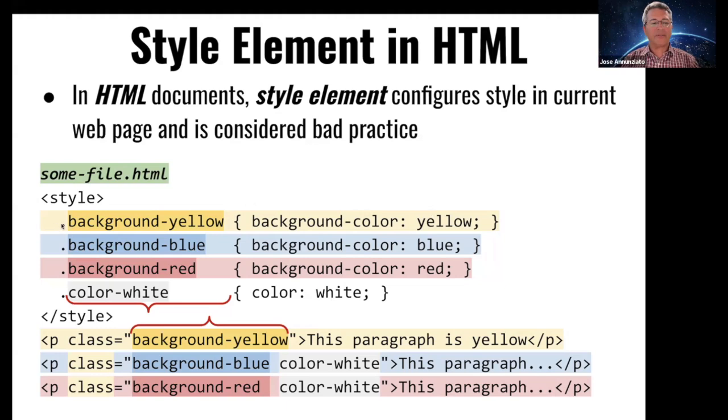And notice the dot in front of it. See that, the dot? That means I am declaring a class that can collect all sorts of properties and values that I can then apply using the class attribute. So I can say, hey, paragraph, use the class name, background yellow, that collects all sorts of things. Okay.